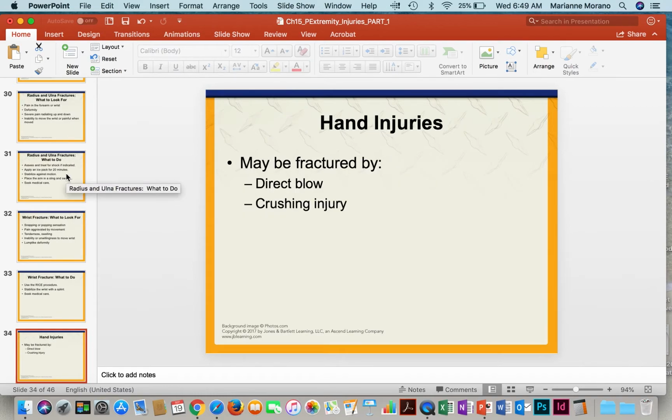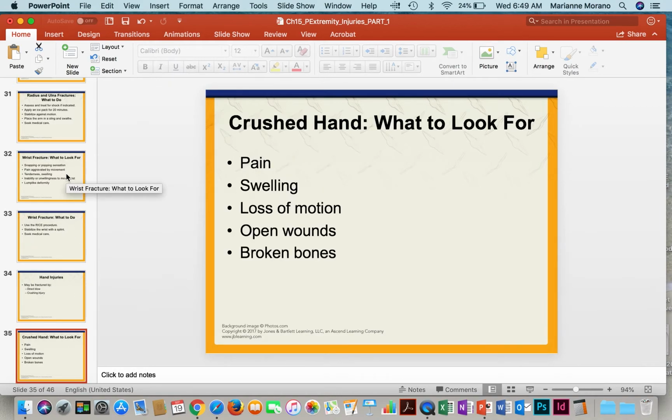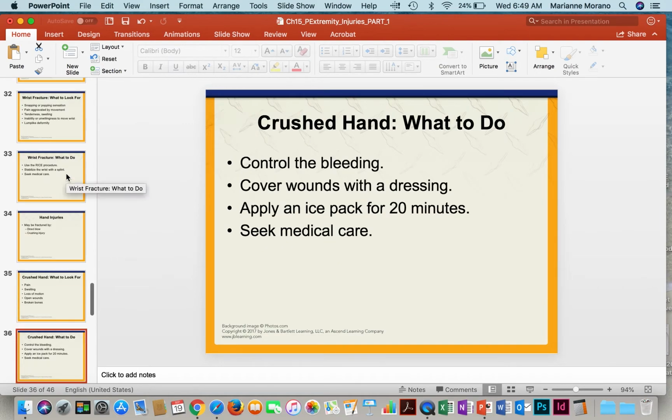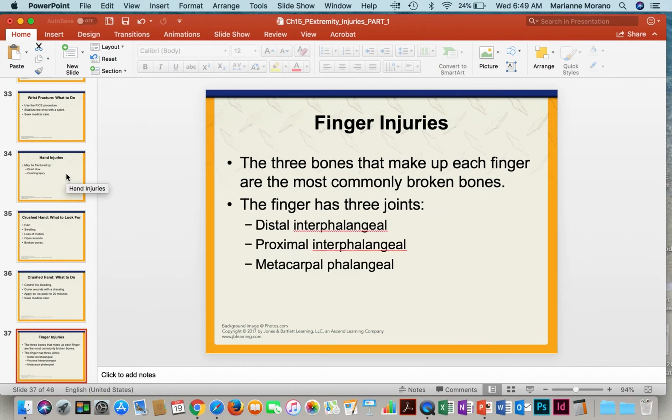Hand injuries. A hand may be fractured by a direct blow or crushing injury. A crushed hand will have pain, swelling, loss of motion, open wounds, and broken bones. Control the bleeding, cover with a dressing, apply ice, and seek medical care. Finger injuries can occur in the three bones that make up each finger, and they have three joints: distal, proximal, and metacarpal, and any of them can be broken.